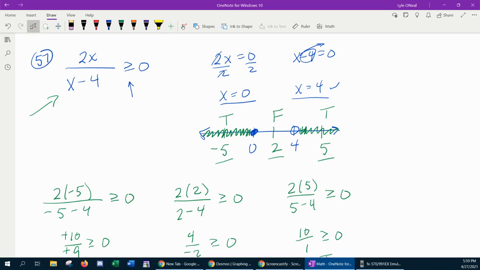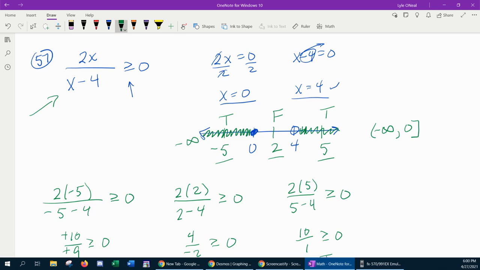Now that I've got the true regions determined, I can write the solution set. The shaded regions start at -infinity, and the shading goes up to 0 with a solid dot, which indicates a bracket.